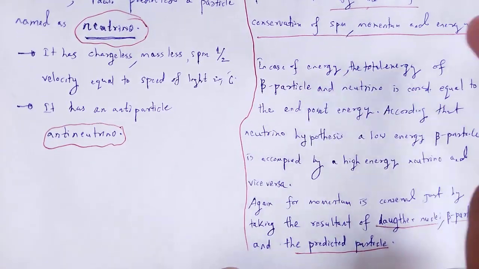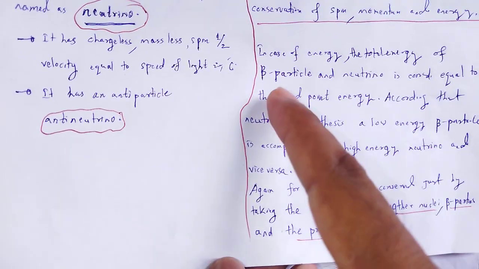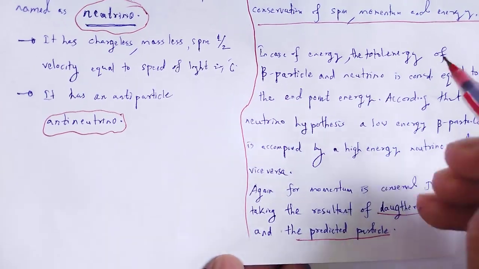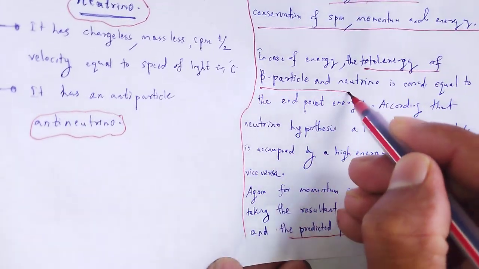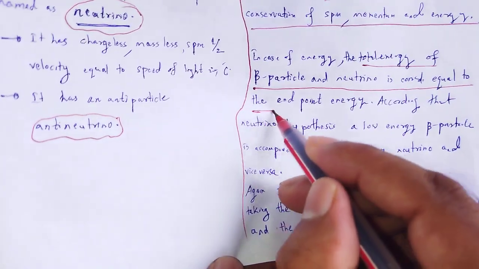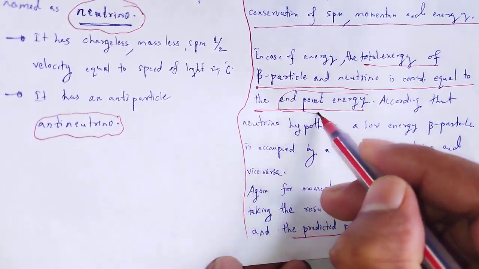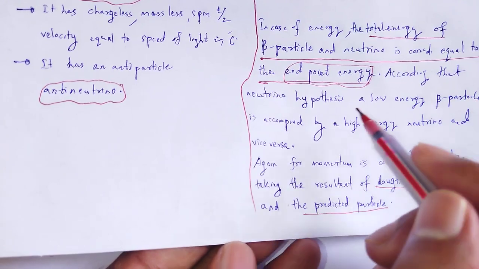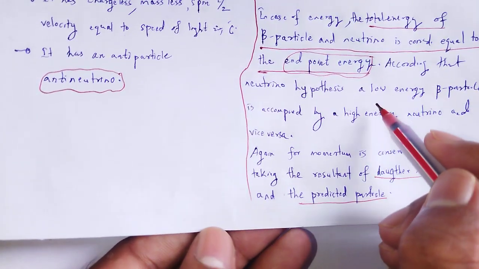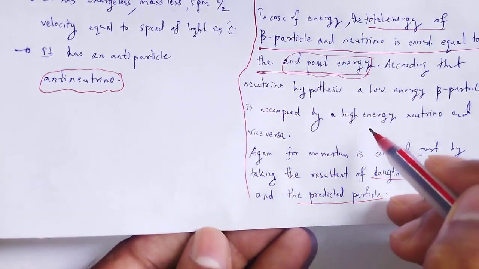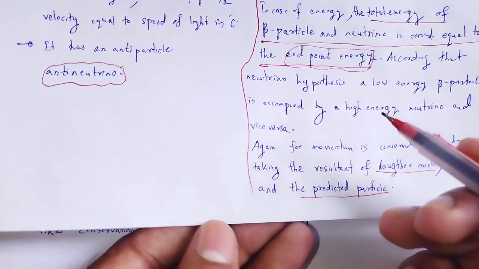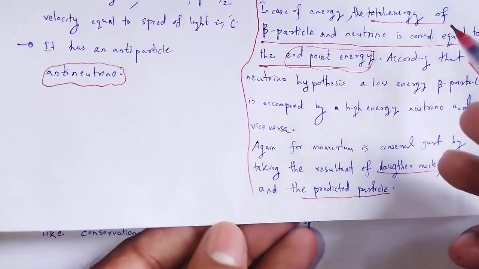Energy is verified by taking the total energy of beta particle and neutrino as constant, which is equal to the endpoint energy. In this way a low energy beta particle is accompanied with a high energy neutrino and vice versa. So the energy is conserved.